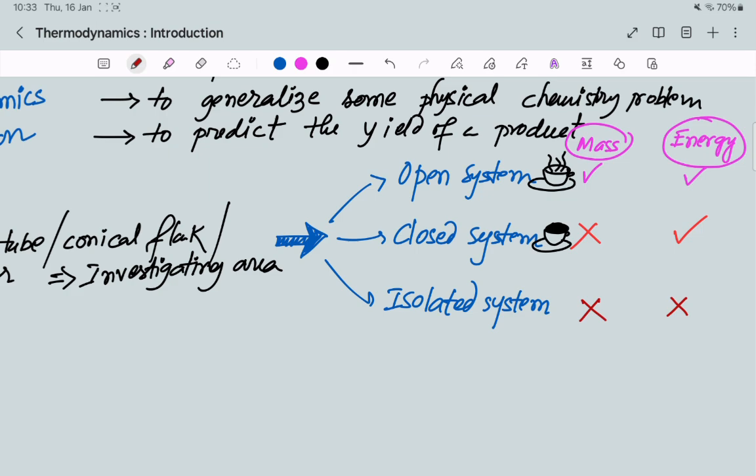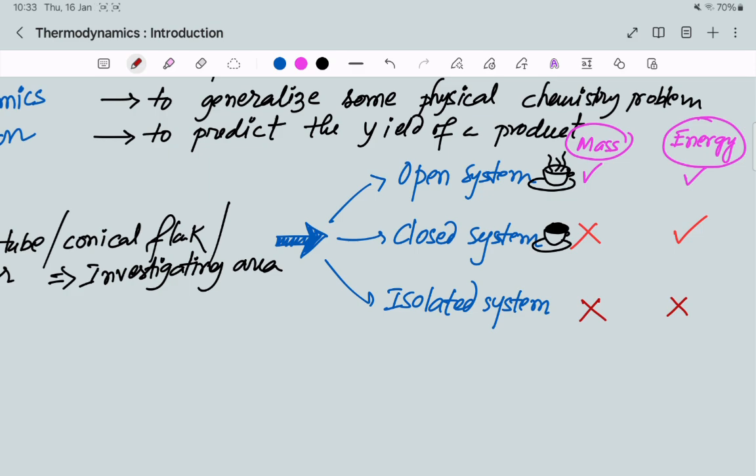Now the thermoflask we use in winter, or also in summertime, but the function is different. For example, in winter we make tea and pour the tea in a thermoflask to keep it hot to drink later. The same way, we take cold water.